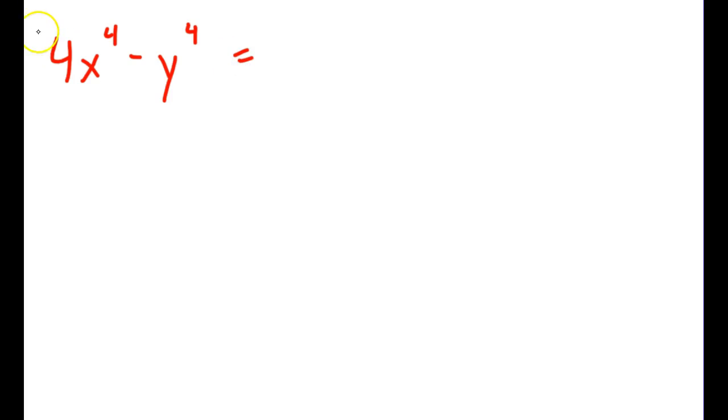Have to be a little creative because this time we have a coefficient other than 1, but 4 is a perfect square. So this is going to be some expression raised to the second power. I know 4 is the same as 2 to the second power, and x squared to the second power is the same as x to the fourth.